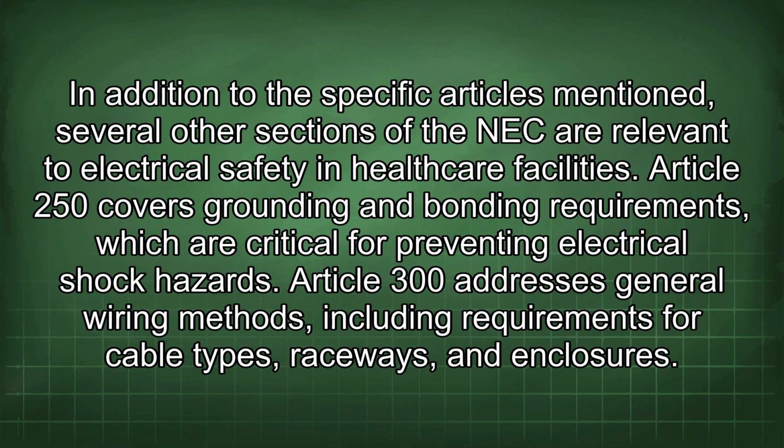In addition to the specific articles mentioned, several other sections of the NEC are relevant to electrical safety in healthcare facilities. Article 250 covers grounding and bonding requirements, which are critical for preventing electrical shock hazards. Article 300 addresses general wiring methods, including requirements for cable types, raceways, and enclosures.